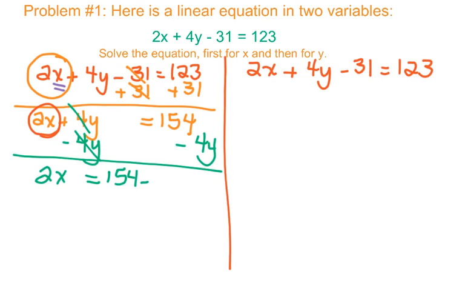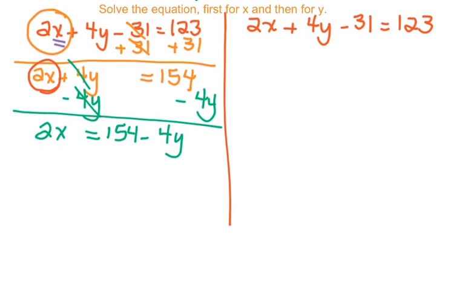154 minus 4y. I want you to remember that I cannot take 4y away from 154 because they are not like terms. So again, I'm looking to isolate and get 2x to 1x.